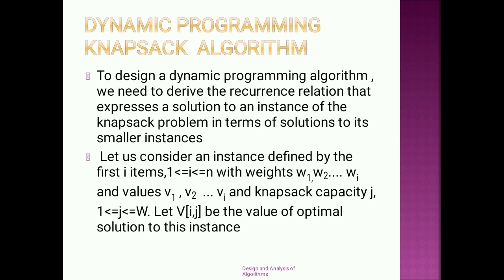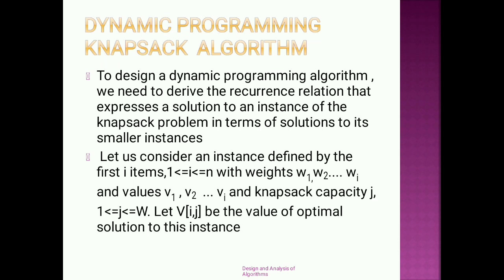We will first see what the solution is when the capacity is 4, when the capacity is 3, when the capacity is 2. In order to represent these different knapsack capacities, we use the variable J, and capital V of I comma J represents the solution to the sub-instance or sub-problem, and even the final solution is also represented using V of I comma J.